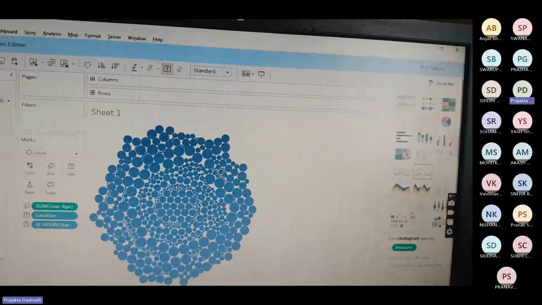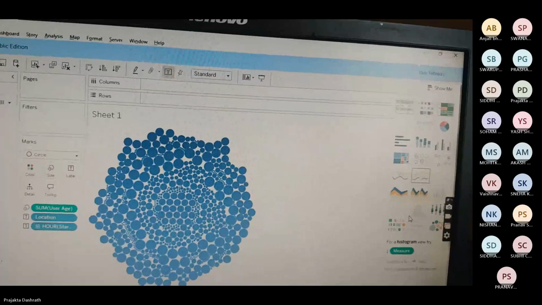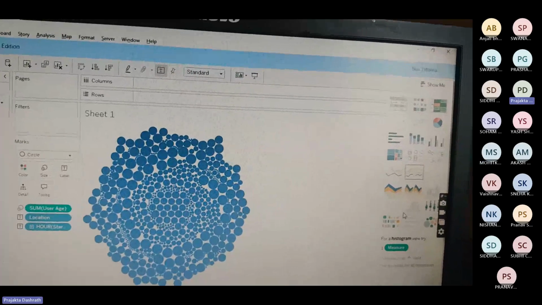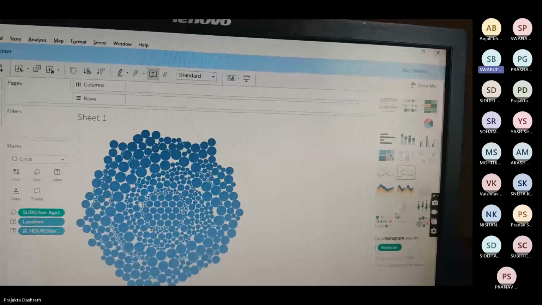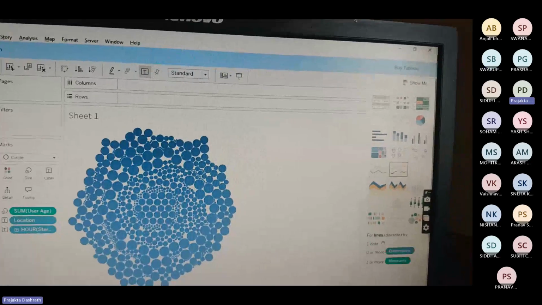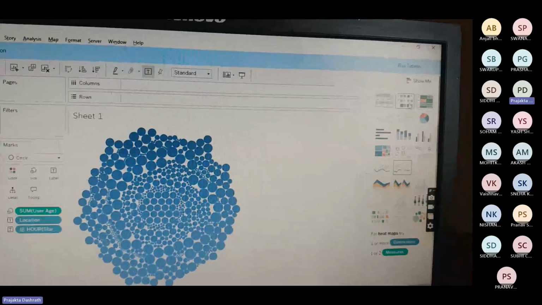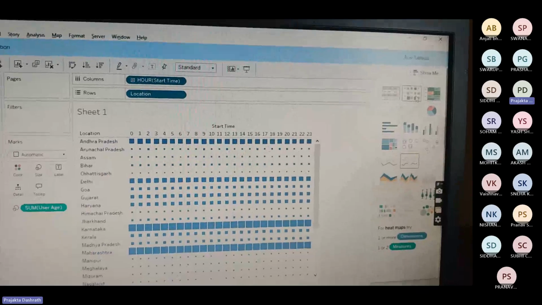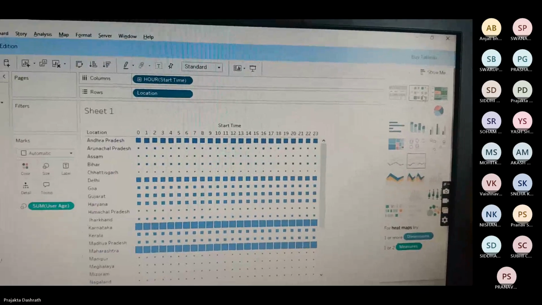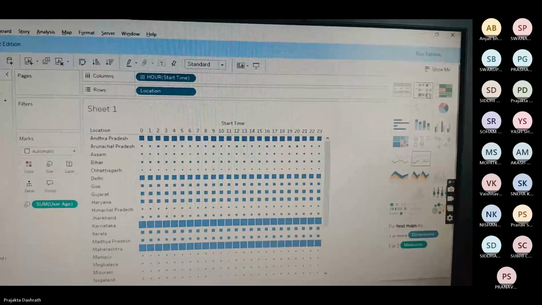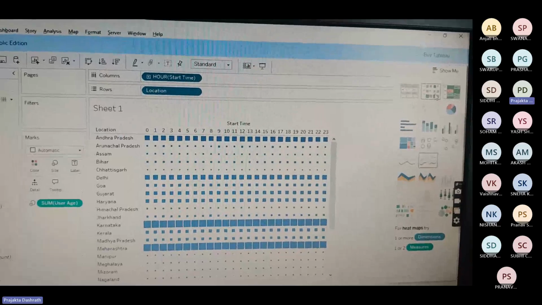Okay, Swarupa? Swarupa? Yes, ma'am. Identify 5 suitable charts among 17, or 15 we will say.